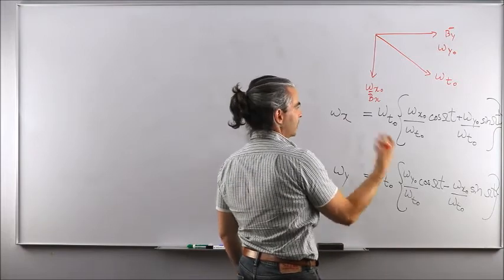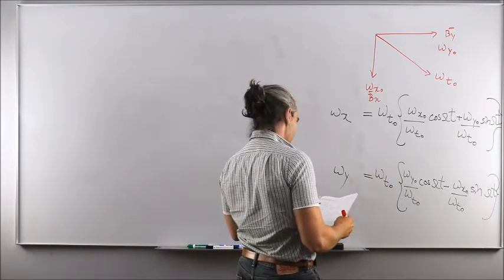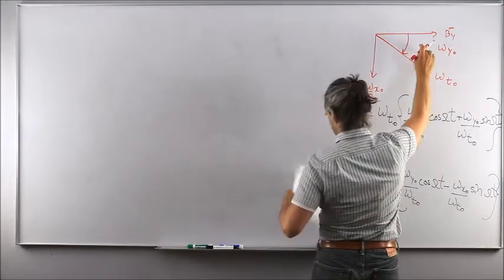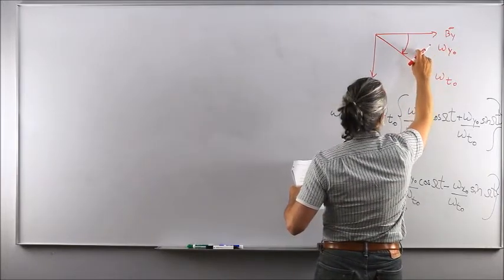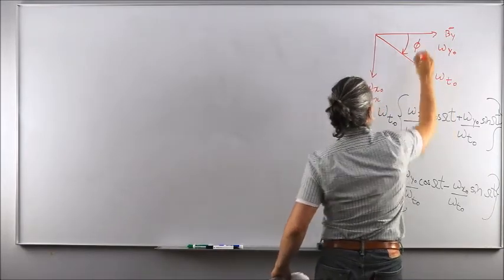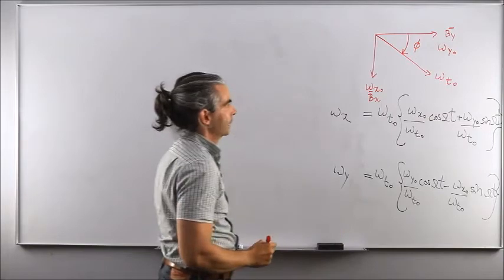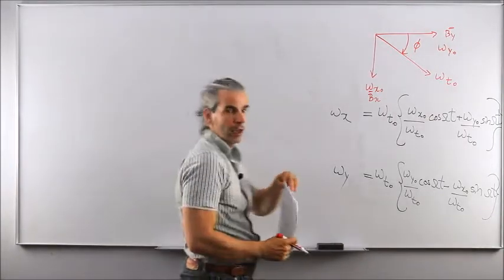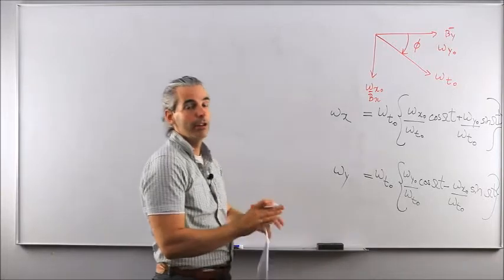And to further simplify the process of deriving equation, we're going to define the angle between omega y naught and omega t naught here as phi, okay? Not to be confused with the roll angle we saw in chapter 1, nothing to do with it.